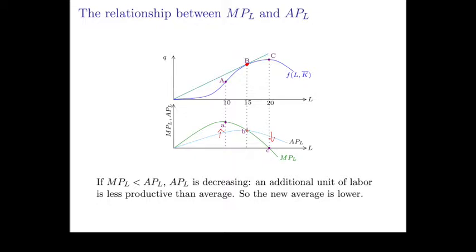Remember here, the tangent and the line from the origin are exactly the same. So marginal product and average product are exactly the same at B. And that's exactly where average product is maximized. To the left of that, marginal product is higher than average product, so average product is increasing. To the right of that, marginal product is lower than average product, so average product is decreasing.